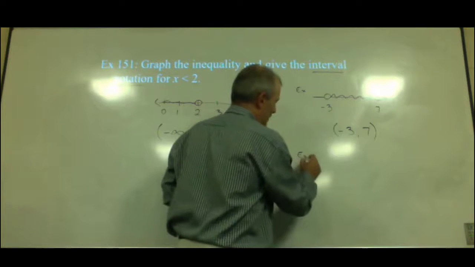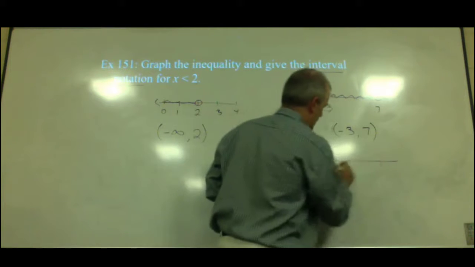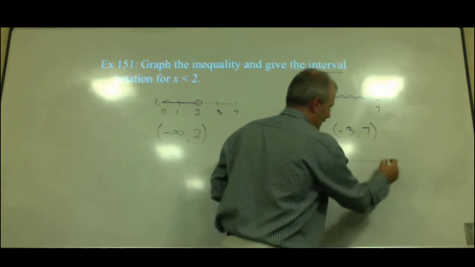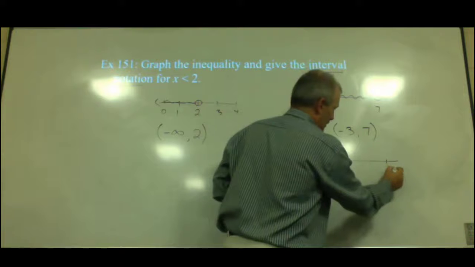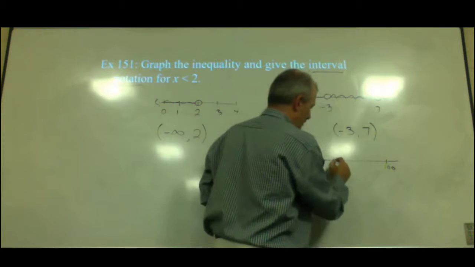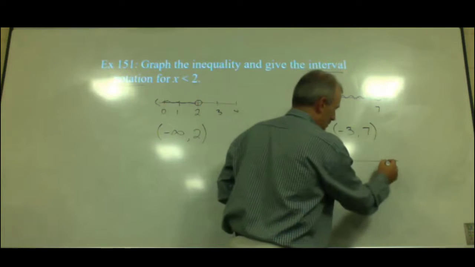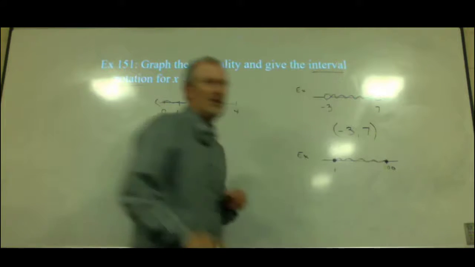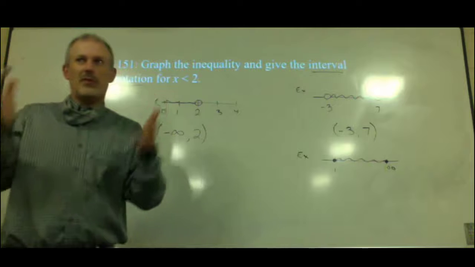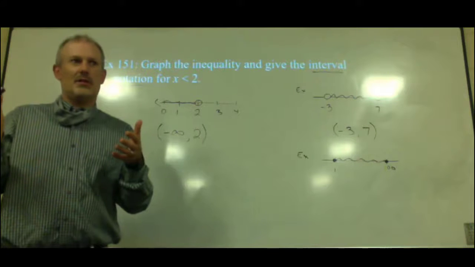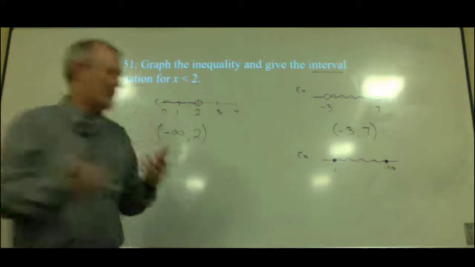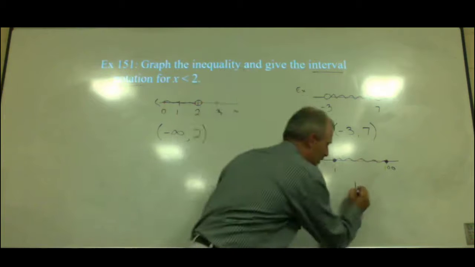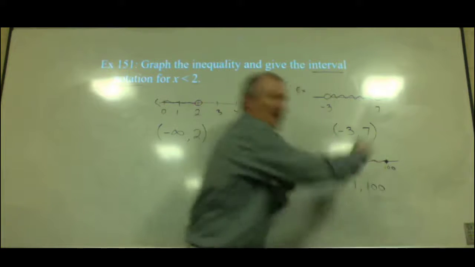Another one, let's say that we drew a different line, and it was from 1 to 100. And now, it's a filled in circle. And I'm talking about this stuff in here. Well, what are my boundary points this time? 1 and 100. So we always put the smaller one first. So 1 goes first and then 100, just like you'd see it on a number line.